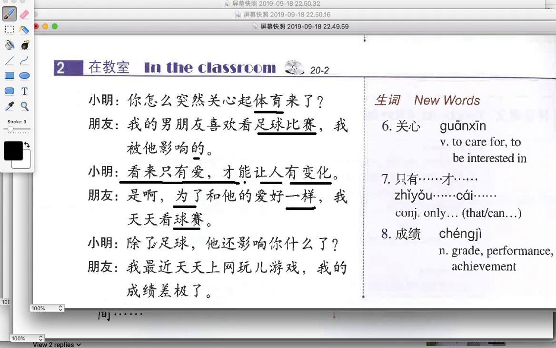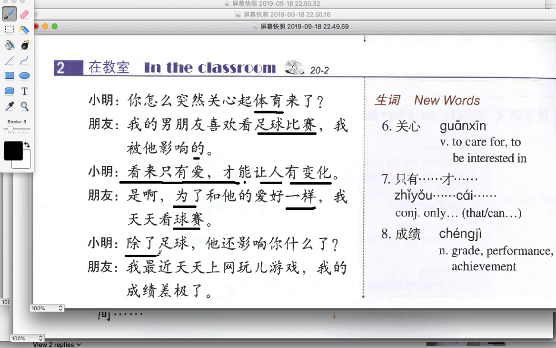小明说，除了足球，它还影响你什么了？除了, apart from or except. Actually, apart from. But in Chinese, there's no difference between apart from and except. I mean, I learned in English, apart from means you include this thing, including A, and something else is also, right?